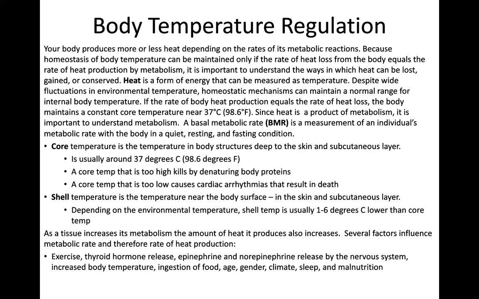I've mentioned this before, but your basal metabolic rate, or BMR, is a measurement of an individual's metabolic rate with the body in a quiet, resting, and fasting condition. So the best way to measure your BMR is right when you wake up after sleeping about 9 hours or so, before you've gotten out of bed, even started walking around, because as you guys know, contracting your skeletal muscles is going to produce heat.